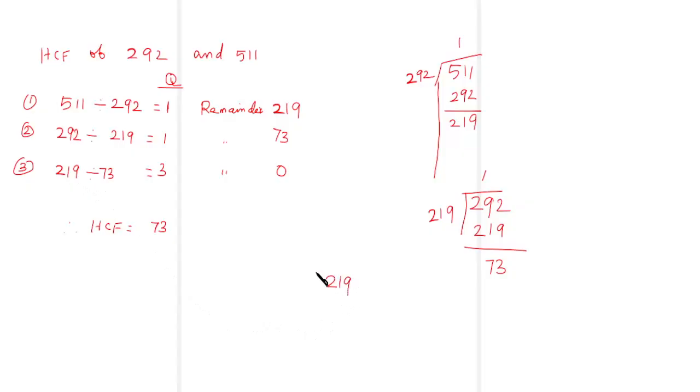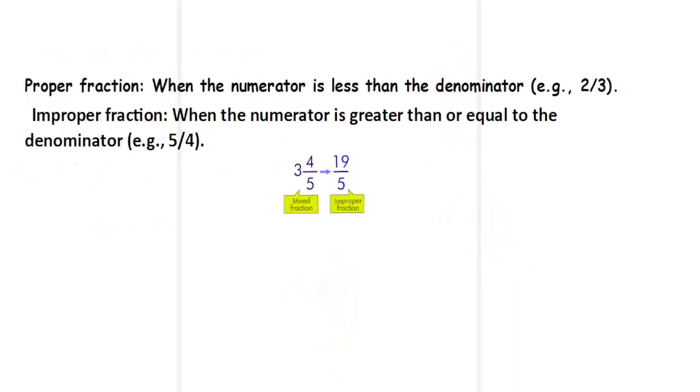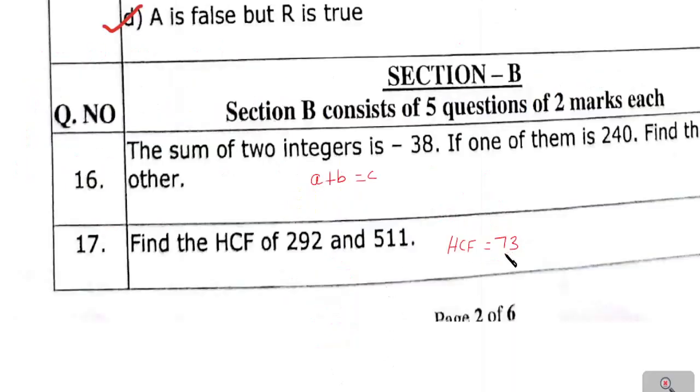The quotient is 3, 3 times 73 is 219, so the remainder is 0. So this is the end of this HCF. So the HCF is 73. So this is the highest common factor. So what is the HCF? With the help of this 73 only you can divide both 511 and 292. So the HCF is 73.